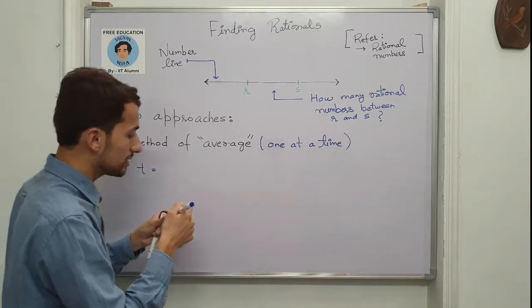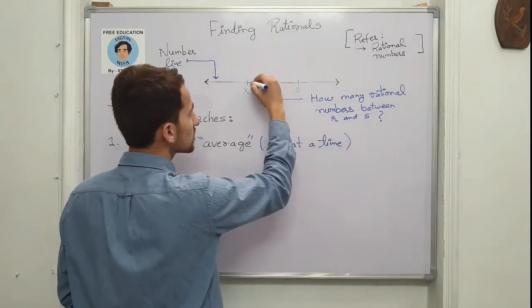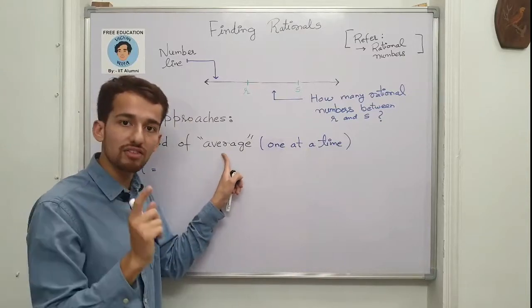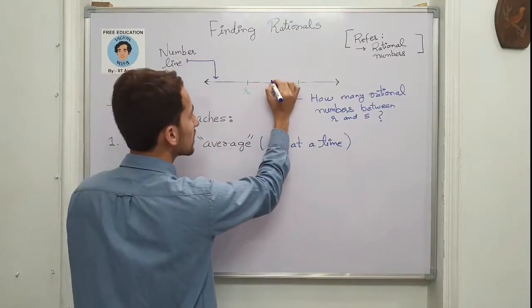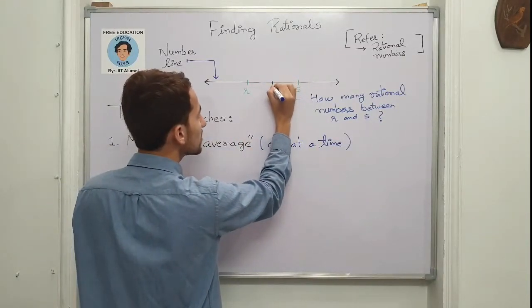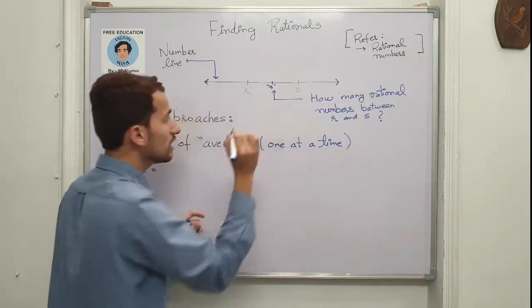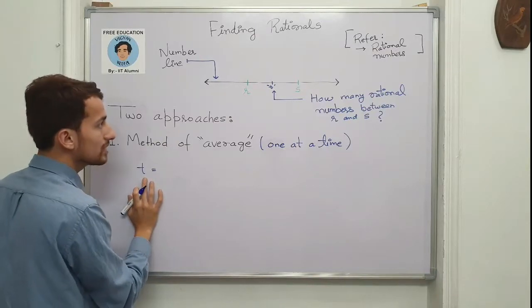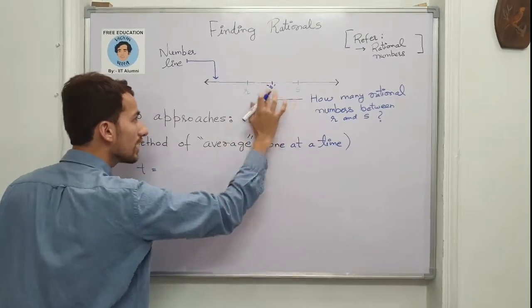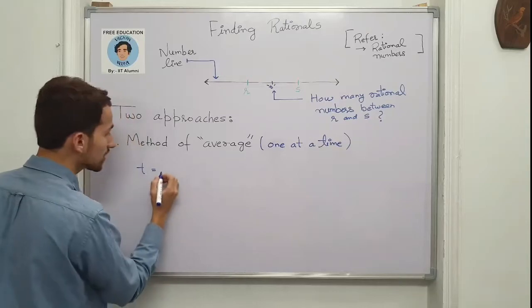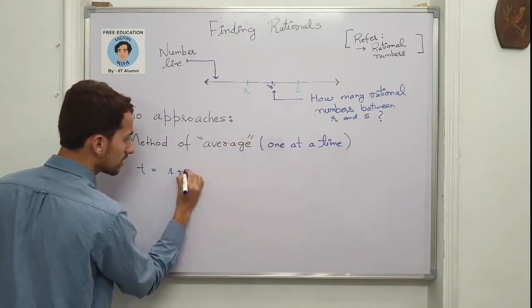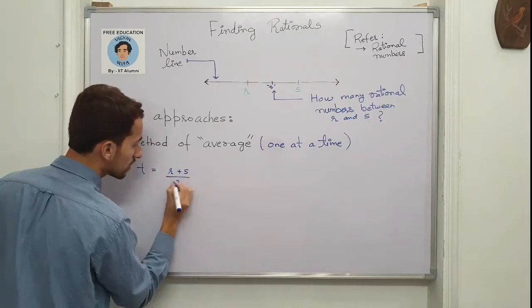Because we are asking for the average, t lies exactly in between R and S. This is our t, which we want to find using this method. So t is given by the average of R and S, and we know how to calculate the average: first take the sum of these two, R plus S, and divide it by 2.